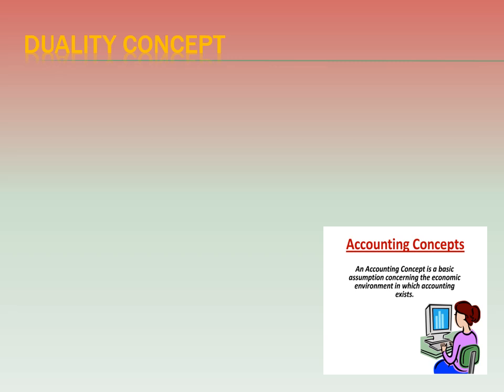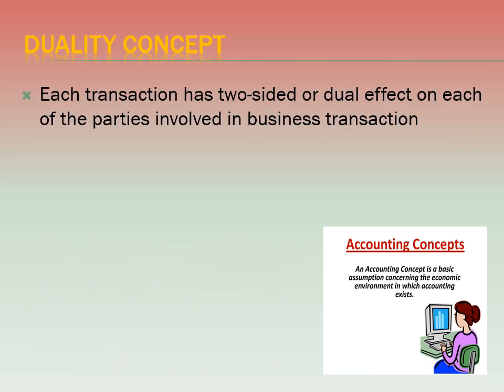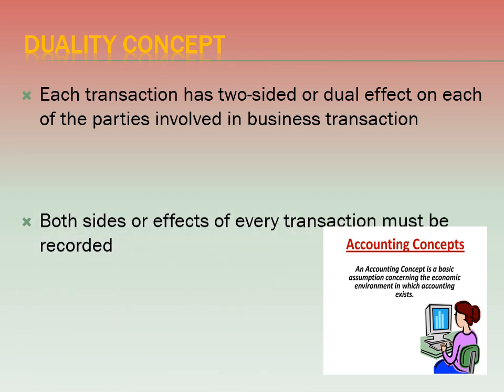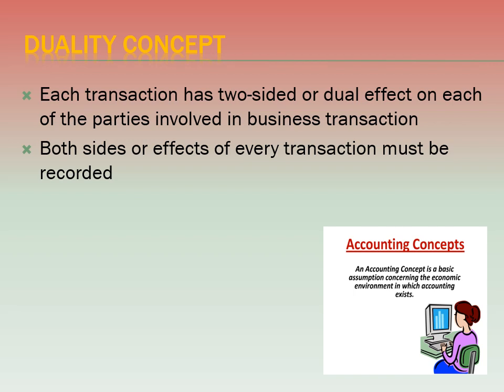Okay, first we look into the duality concept, whereby every transaction that a business has has a dual effect, meaning you have a two-sided effect on each transaction for the parties involved in the business transaction. So it must have a dual effect, whereby the effects mean an increase or decrease in the business wealth, so it must be recorded on both sides.